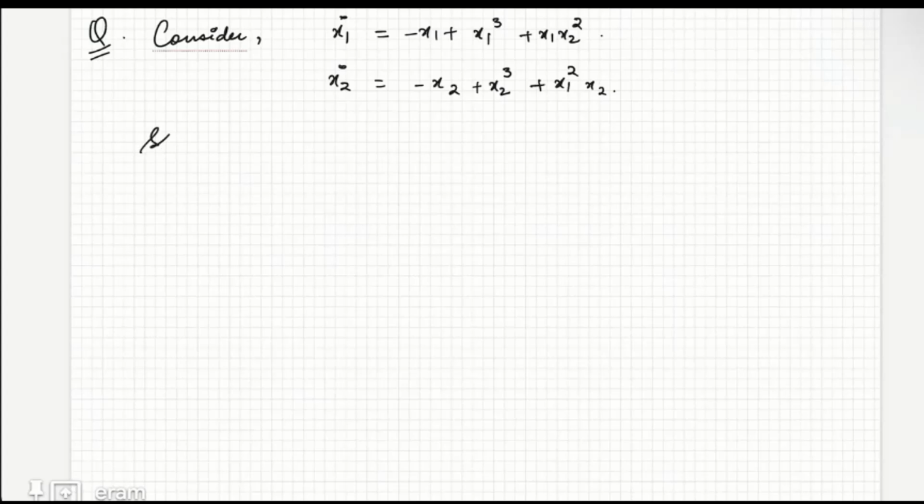For this system, show that no limit cycle exists. So for this system, we have to show that there is no limit cycle.